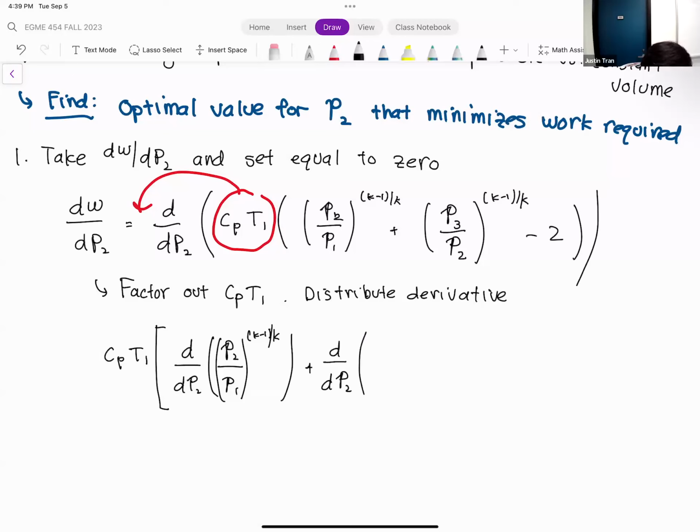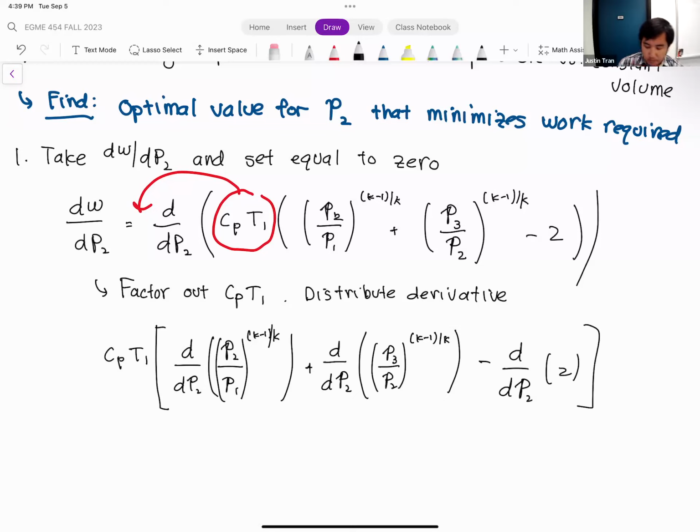Then we have the second term here. Then we have the derivative of 2. All this is equal to 0.